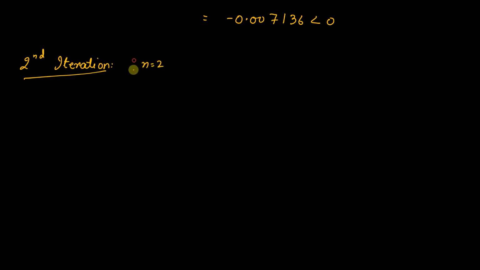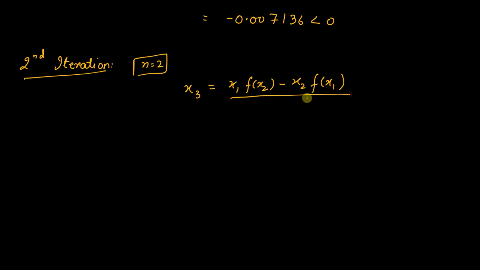Here we have n is equals to 2 and the customized formula is x3 that is equals to x1 f of x2 minus x2 f of x1 divided by f of x2 minus f of x1.